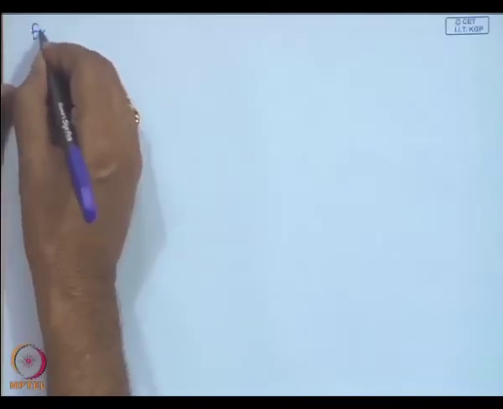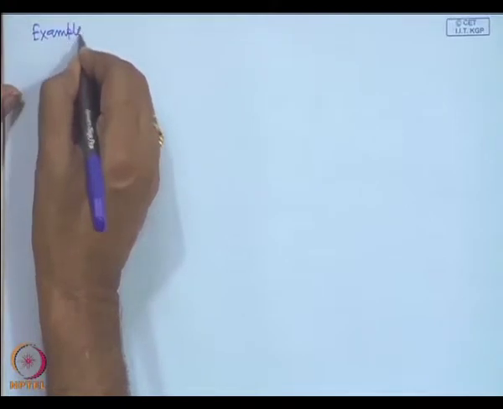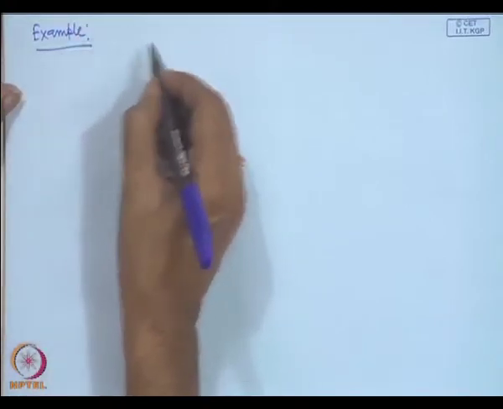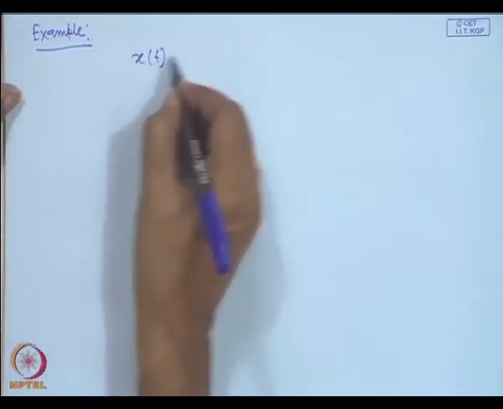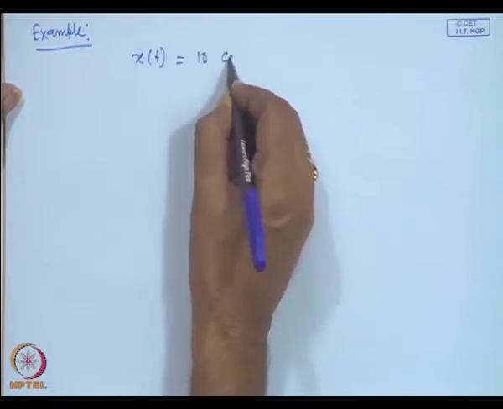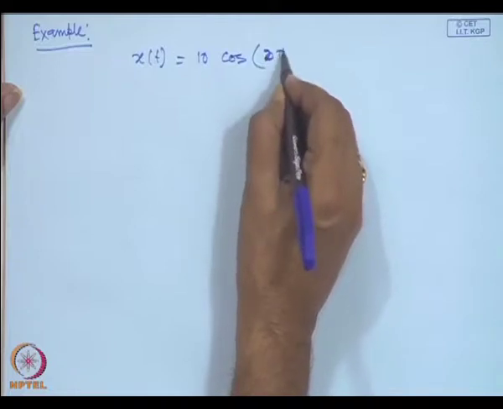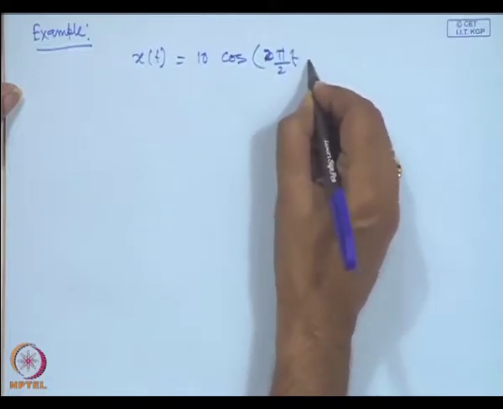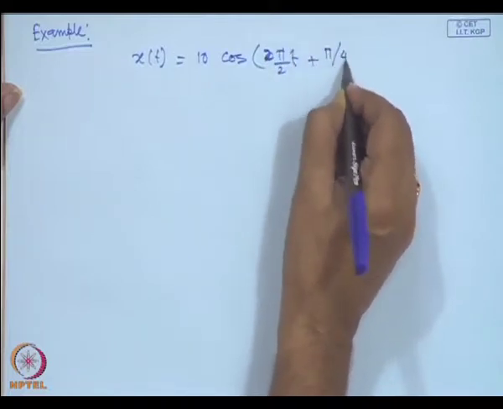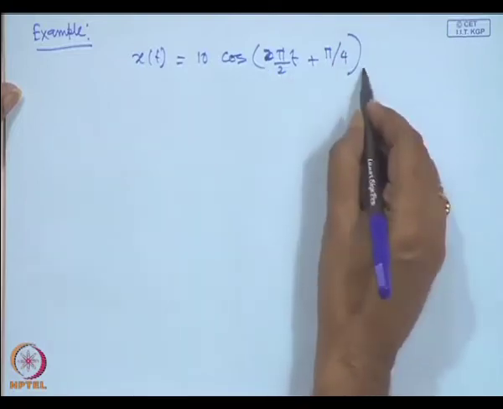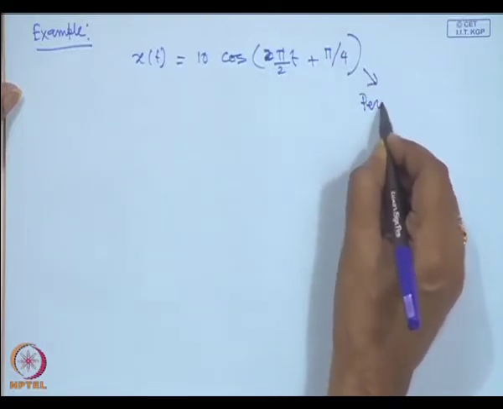Now, let us take another example. Suppose we have the signal x of t is equal to 10 cos of pi by 2 t plus pi by 4. Look, this signal is a periodic signal.